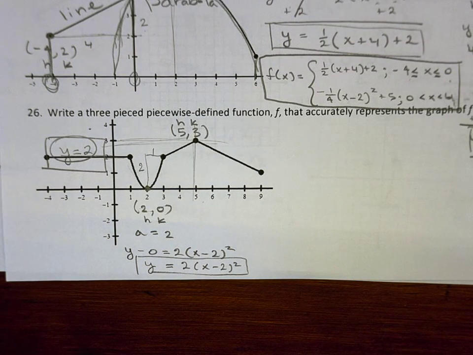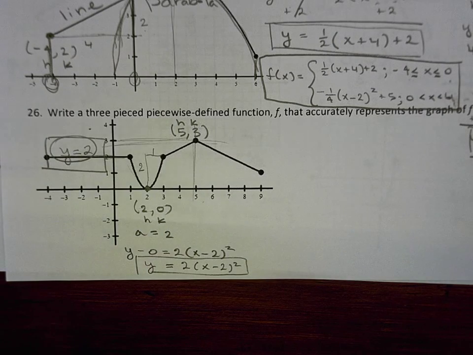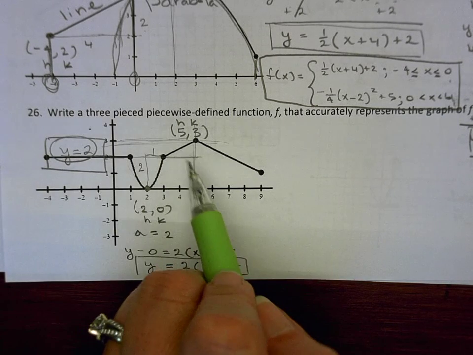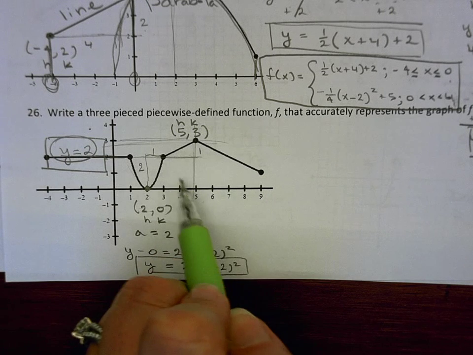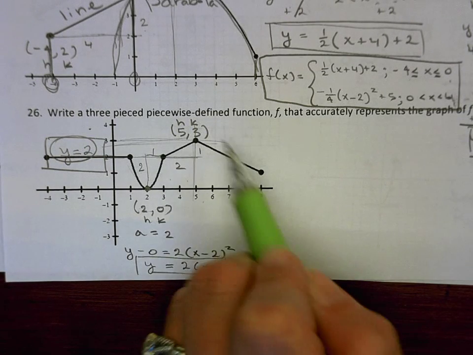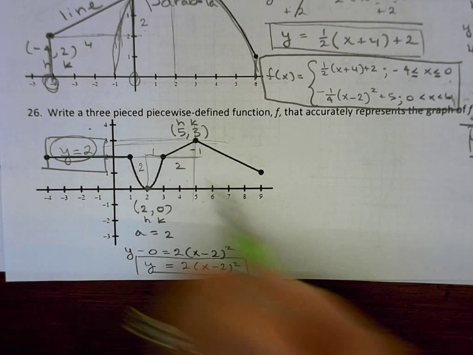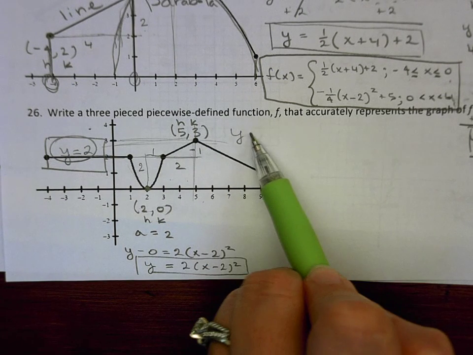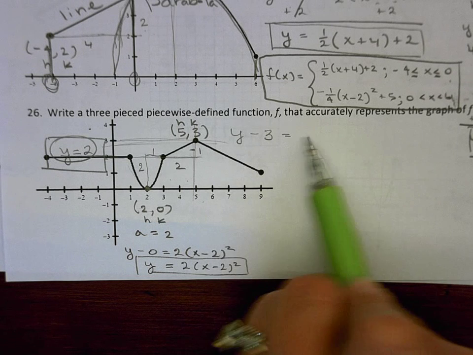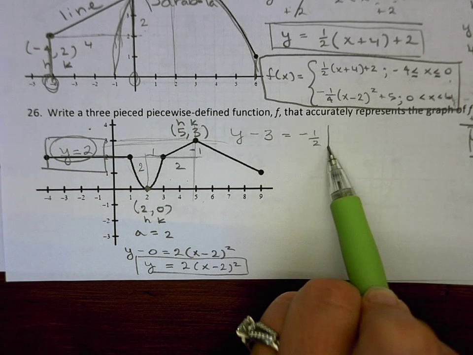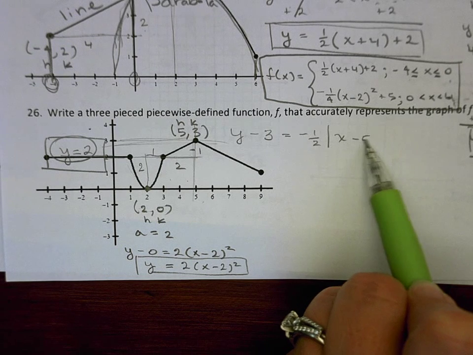And then for my slope, I'm just going to count. Looks like we're going down 1 and over 2, and it's negative, so it should be negative there. So absolute value, y minus k equals my slope, which is negative 1/2, and then x minus h.